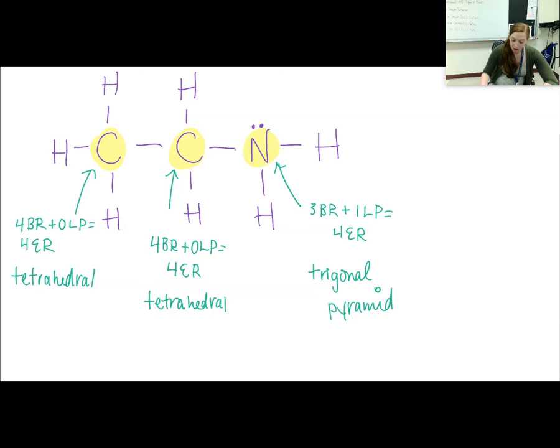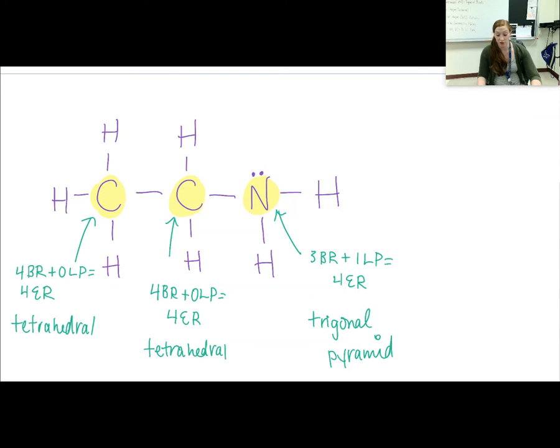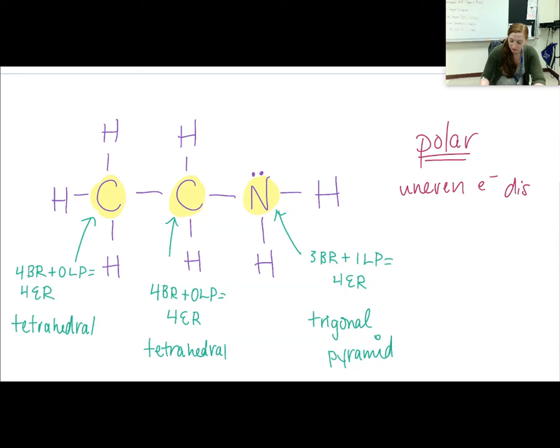I hope that when you see this structure, you can tell automatically that we've got uneven electron distribution. This is going to be polar. At this end, we've got that lone pair of electrons on the nitrogen.